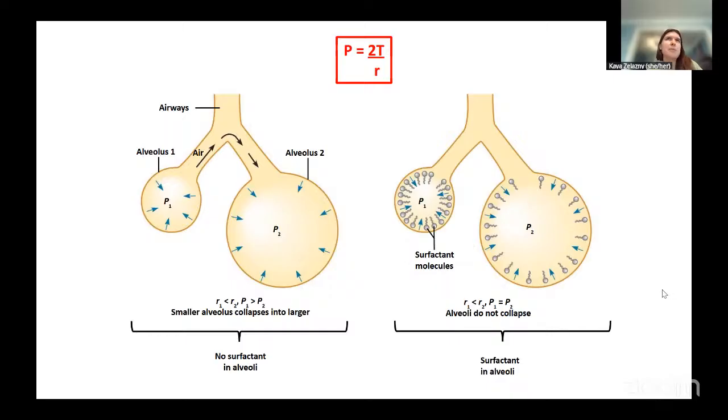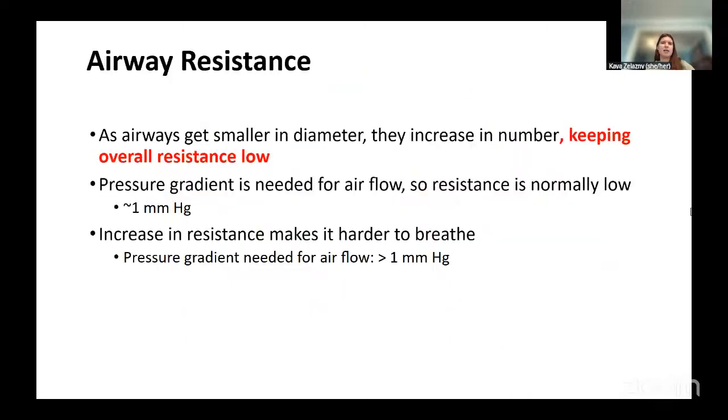Could also be potentially tissue scarring or something like that, changes to the actual properties of the walls of the lungs. Now we want to think about another factor that can change how hard it is to breathe, which is the resistance. Okay.